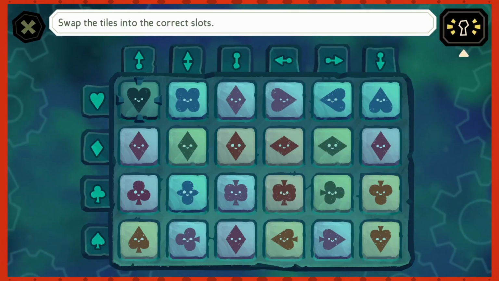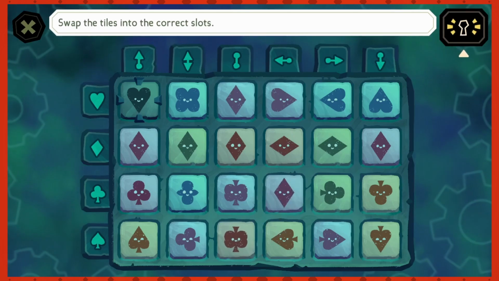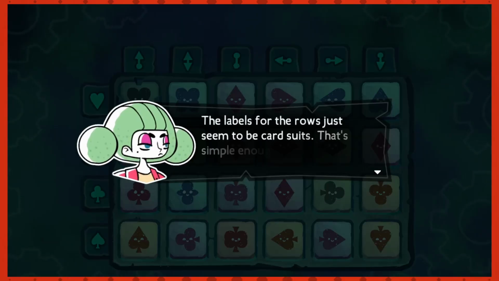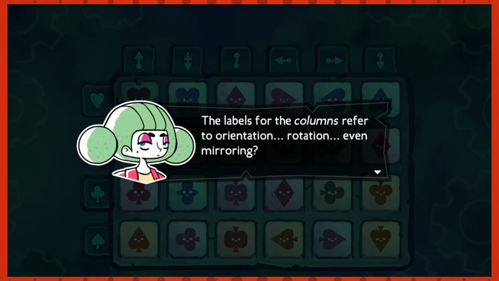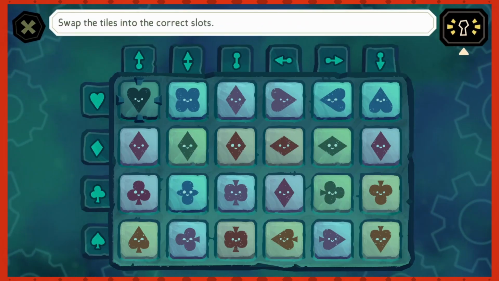Top and top. Bottom and bottom. What about this one? This one confuses me. The labels for the rows just seem to be card suits. The labels for the columns refer to orientation. Yeah, it's rotation, mirroring. I know it's mirroring, but where does this go then?